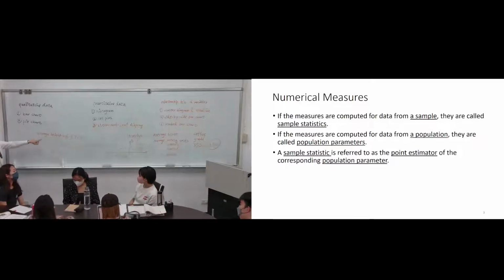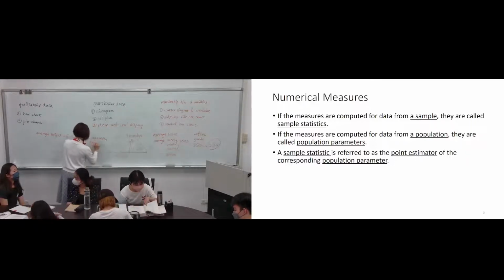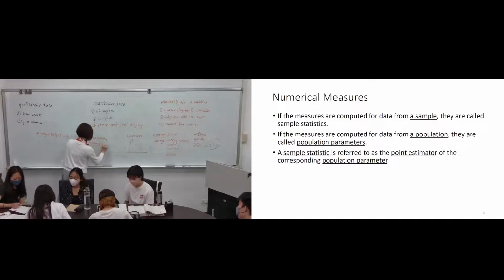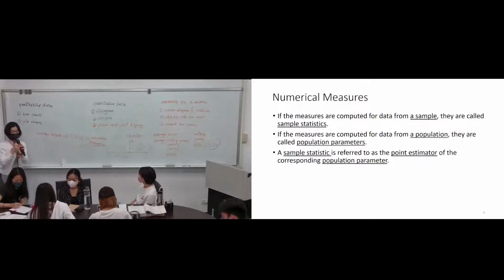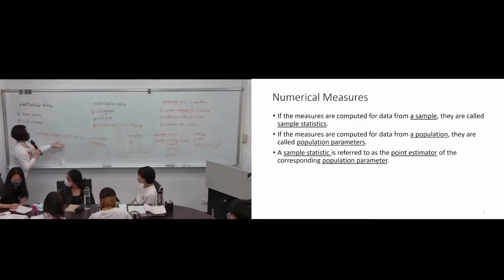The average height of CYCU is the population parameter. Because it is hard to obtain the data for the whole campus, instead we just collect a few observations and use that as the sample.